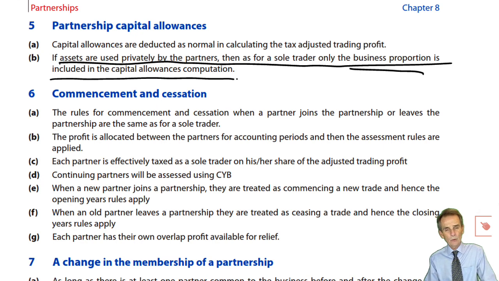What we're going to deal with next, which we'll introduce at the end of this lecture and then deal with examples on in our next lecture together, is what happens when the partners themselves have a change, i.e. an old partner leaves the partnership and or a new partner joins the partnership.